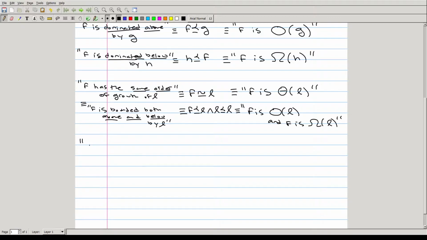and this is the statement that f is strictly dominated above by g.